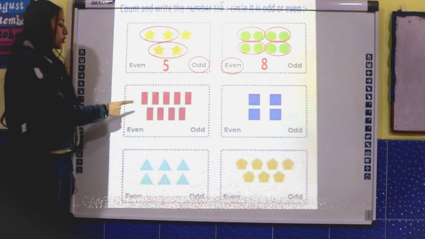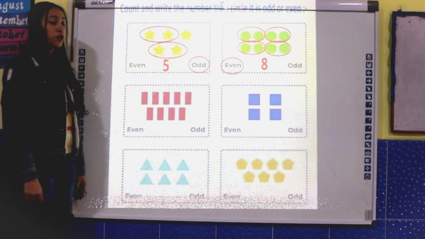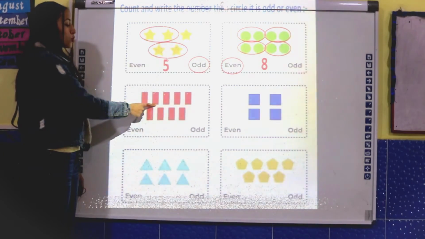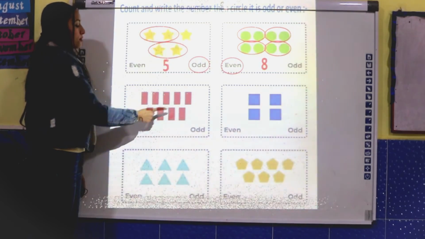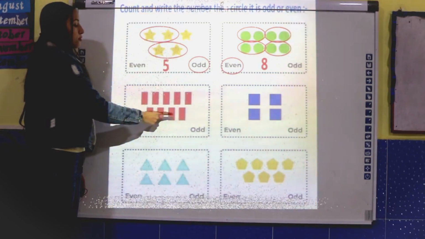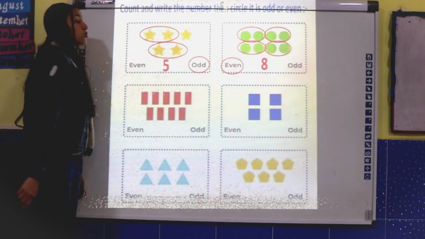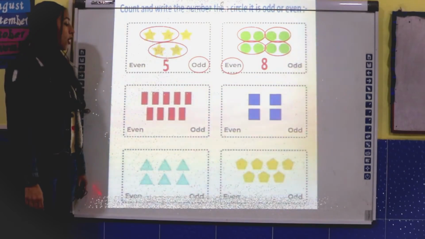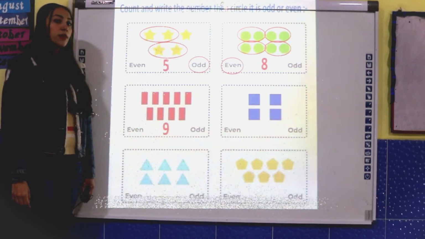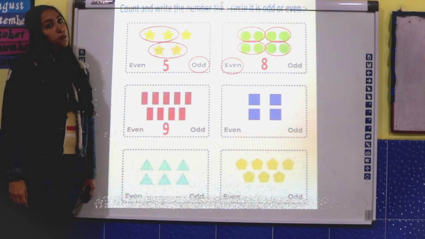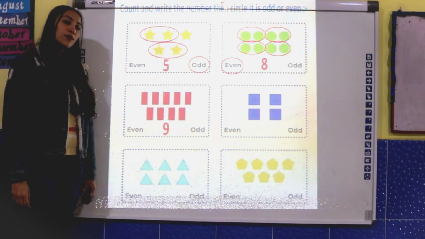Let's see another one here. Let's count how many shapes I have here. 1, 2, 3, 4, 5, 6, 7, 8, and 9. I have here 9 rectangles. And I want you to tell me number 9 is an odd number or an even number?